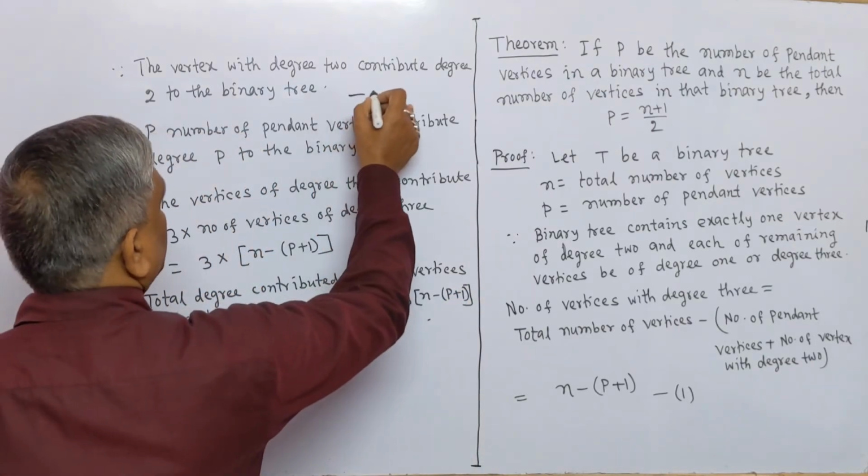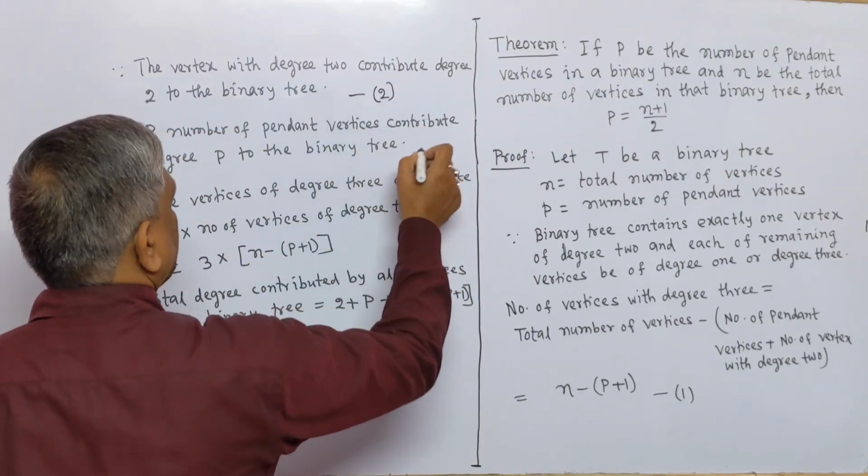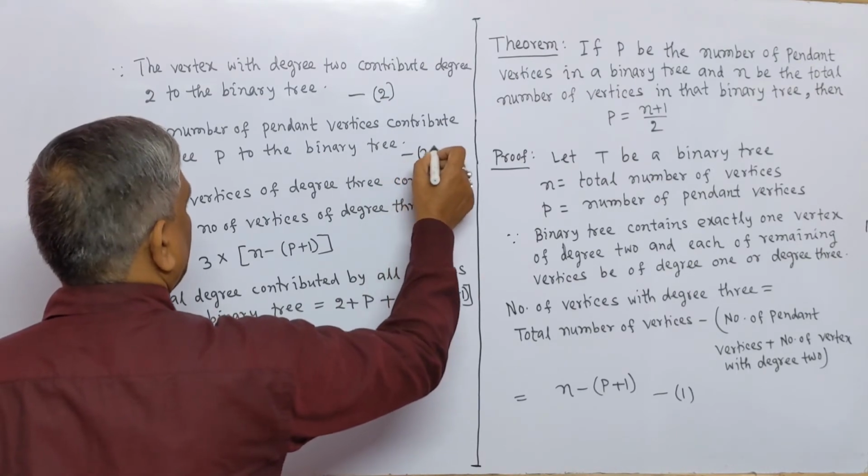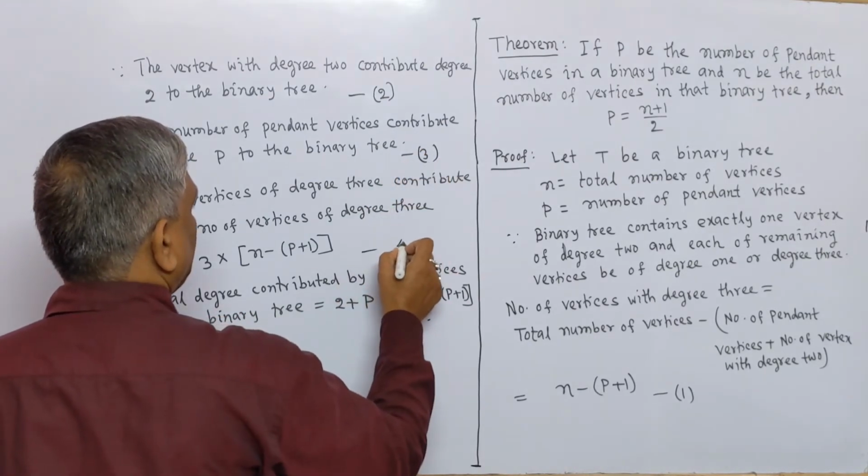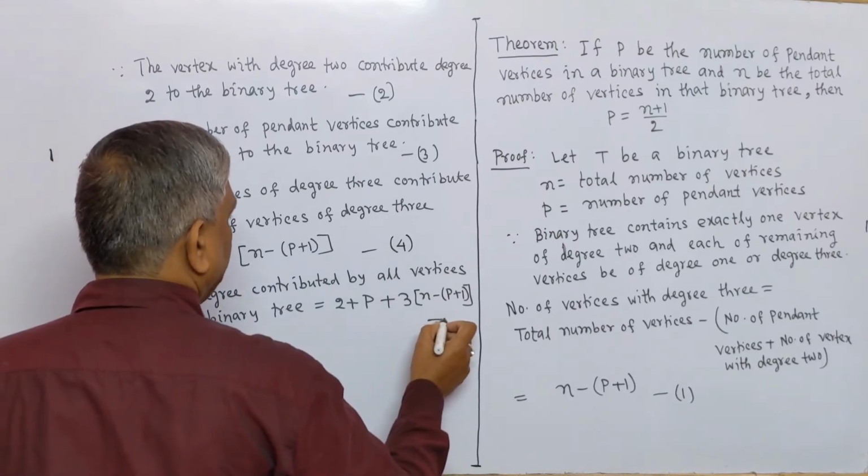Let this be number 2, this is number 3, this is number 4, and this is number 5.